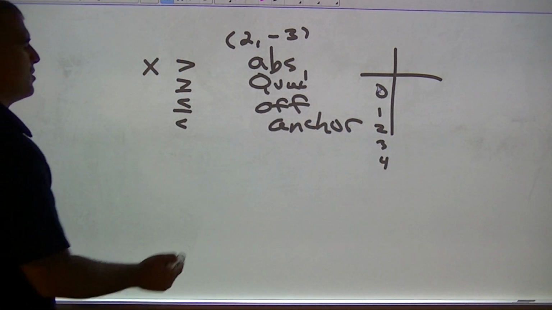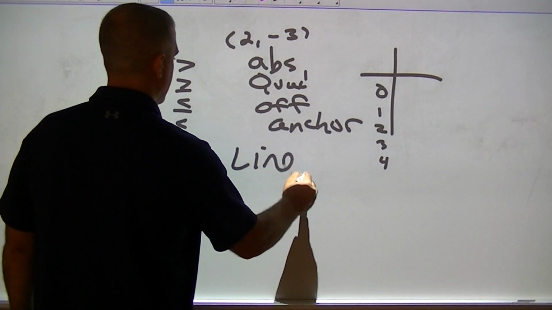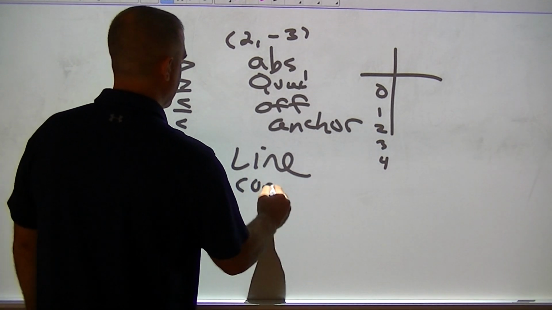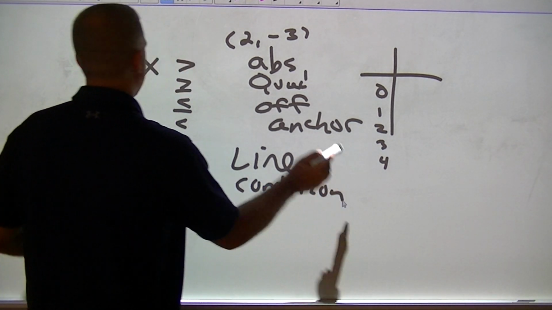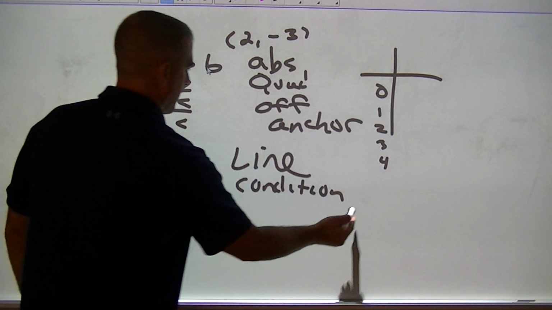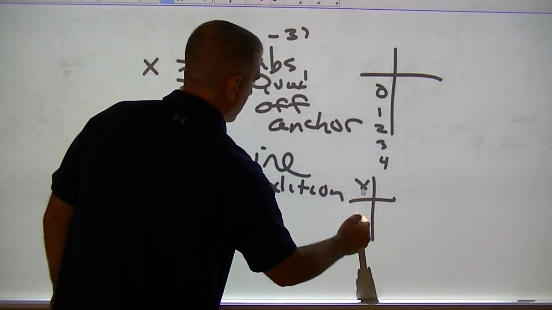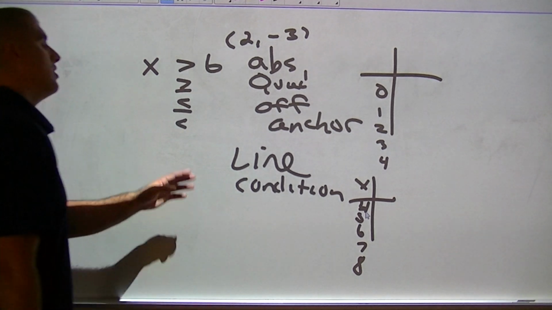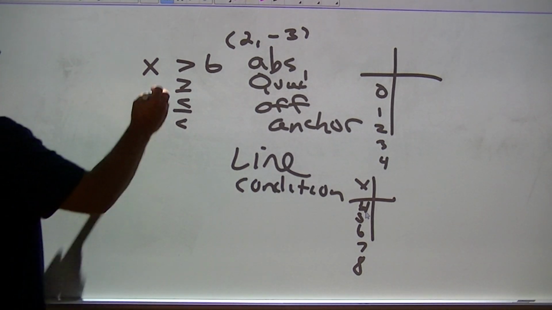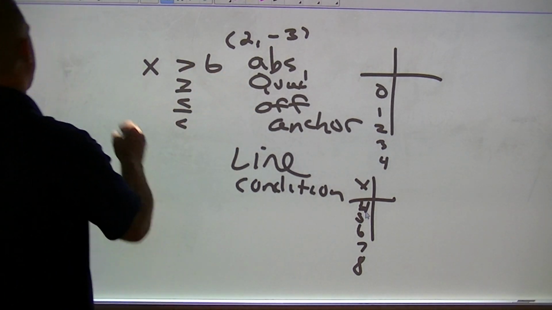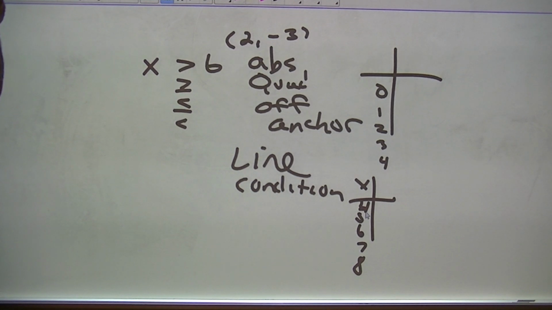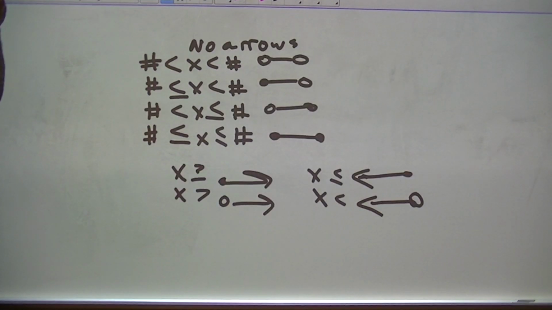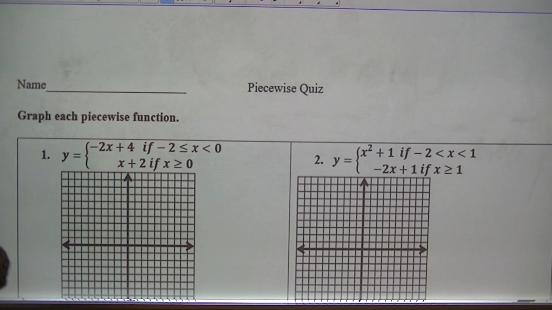If you have a line, you build off the condition. So let's say this condition were 6. Then you would build 6, 7, 8, 5, and 4. So you got to ask yourself what you're building off of when you build the table. Those are the things you probably made mistakes on.